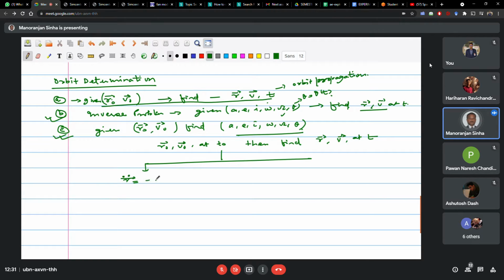Solve this equation, R double dot bar equals minus mu by R squared, integrate it numerically. And here we can have another method, what we call the Kepler's equation.